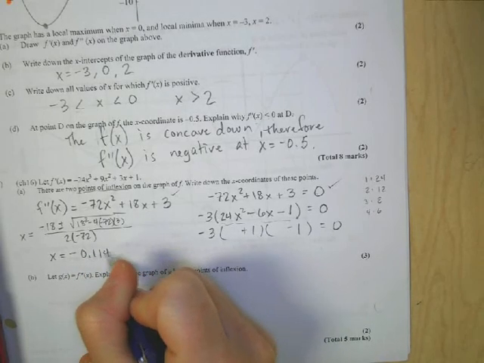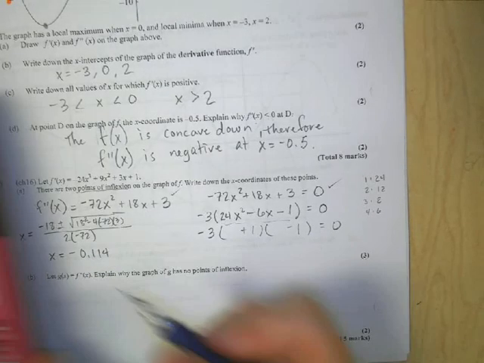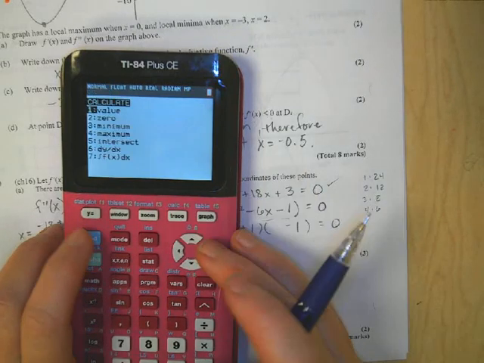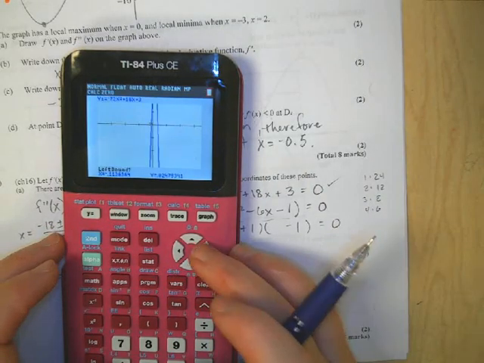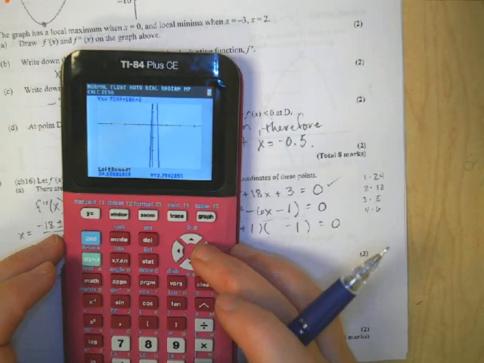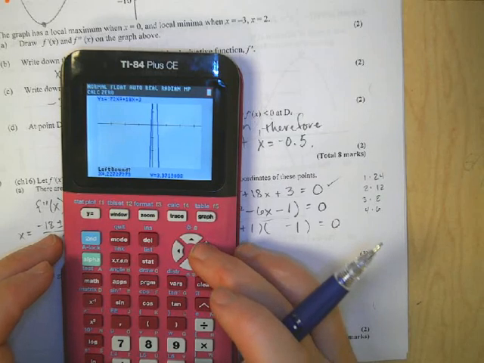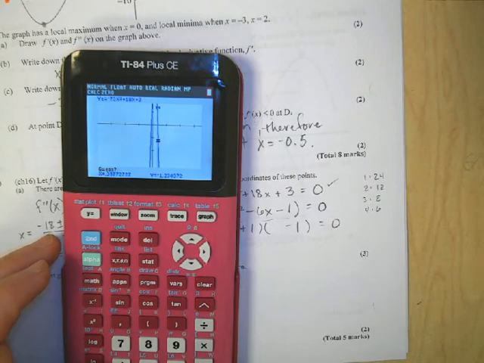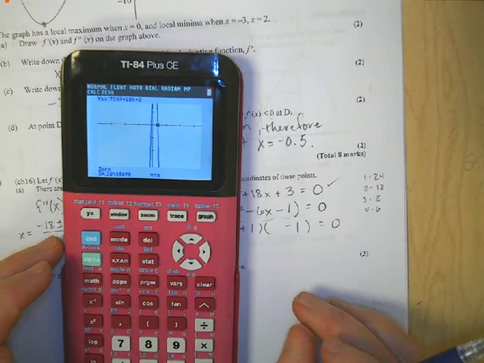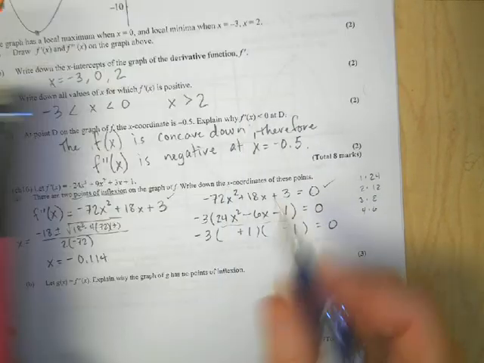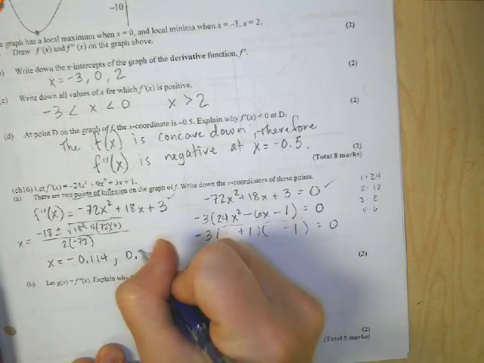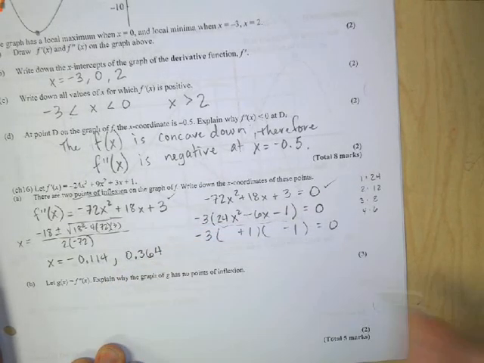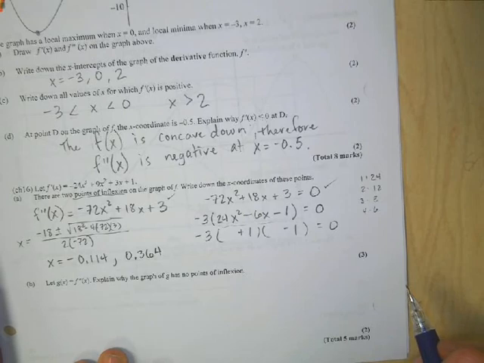That's 3 significant figures. And then the other one, so I want the left bound. There it is. And the right bound, enter. And I get 0.364. So there are the x-coordinates of the points of inflection.